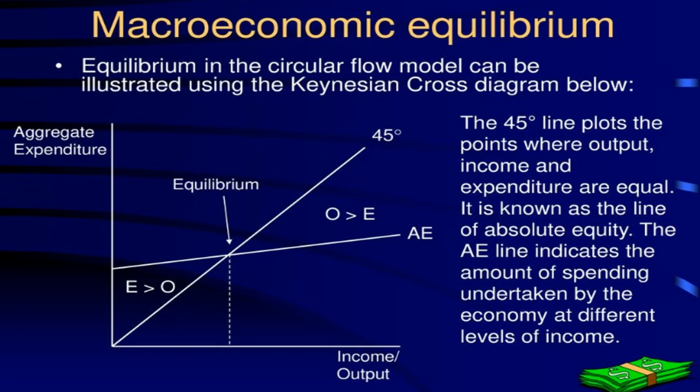The 45-degree line plots the points where output, income and expenditure are equal. It is known as the line of absolute equity. The AE line, that is the aggregate expenditure line, indicates the amount of spending undertaken by the economy at different levels of income.